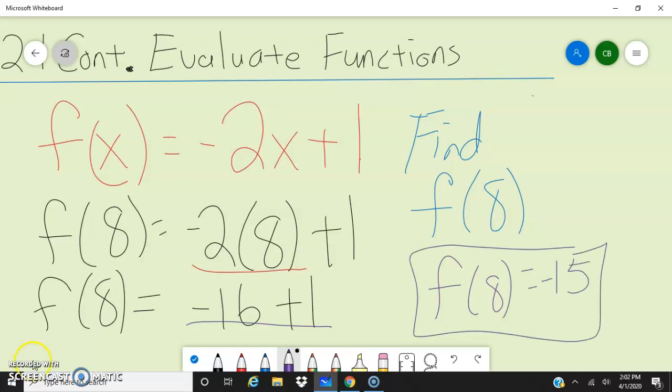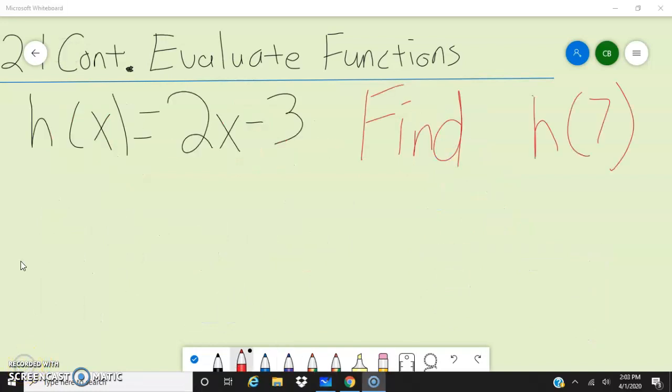Okay, let's try another one. On this one, notice that we have a different variable, h. In the first example we had f of x, but it could be h of x. It could be any letter, but the same thing is going to happen.